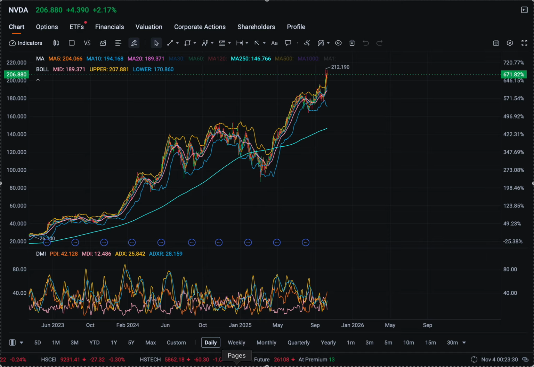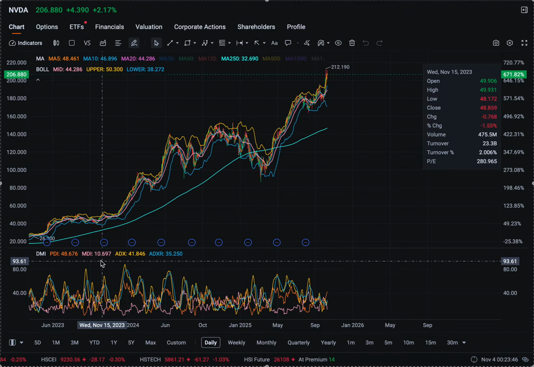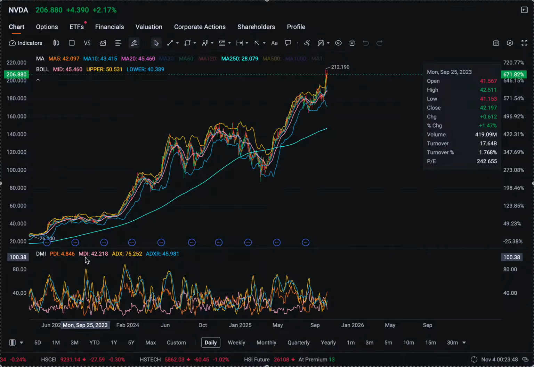It actually consists of 3 lines in general. As you see on the screen, the first one is PDI, which means the plus DI. The second one is MDI, which means minus DI. Just from the name, you can tell that PDI is measuring a bullish trend.